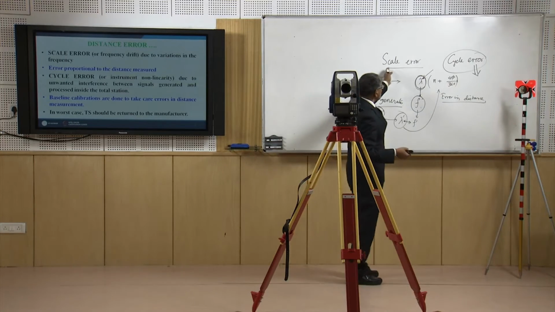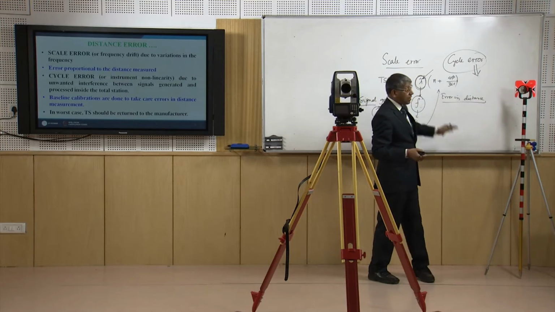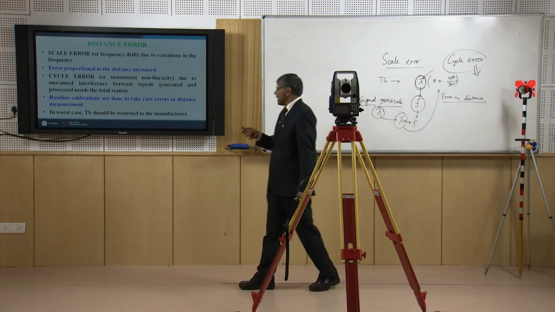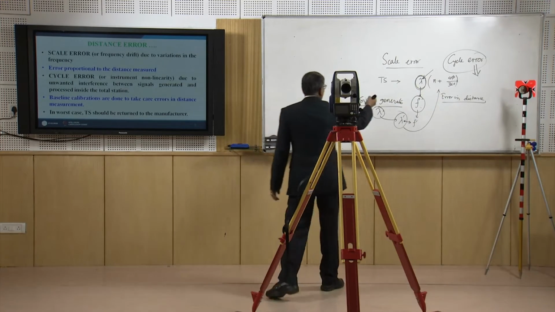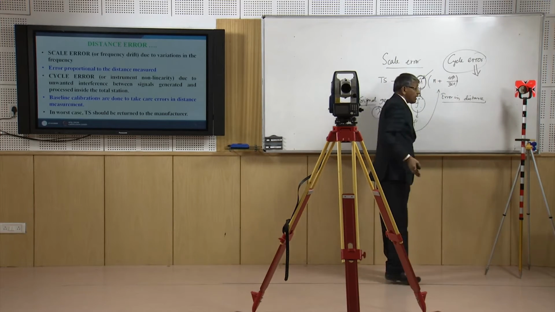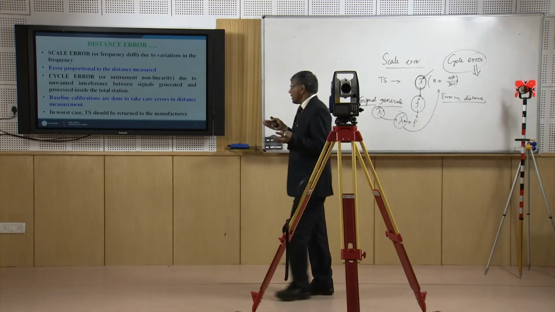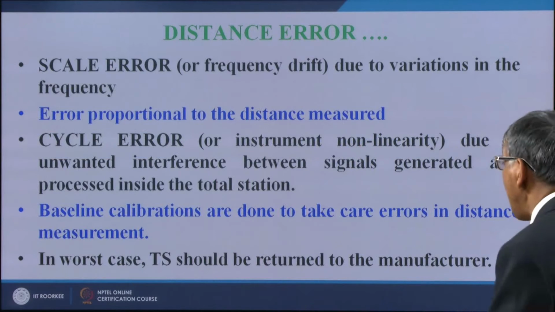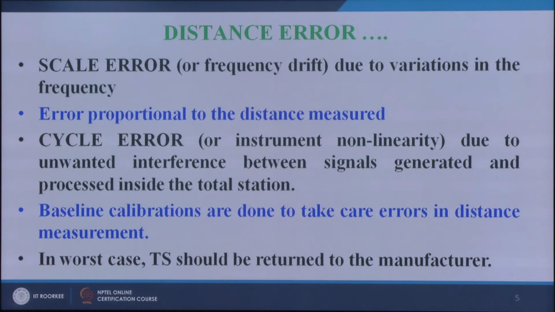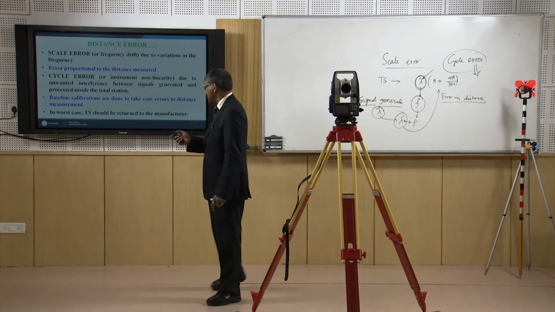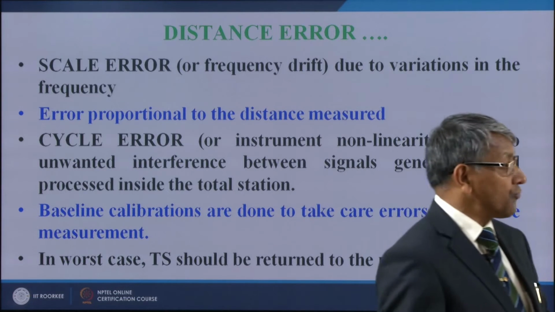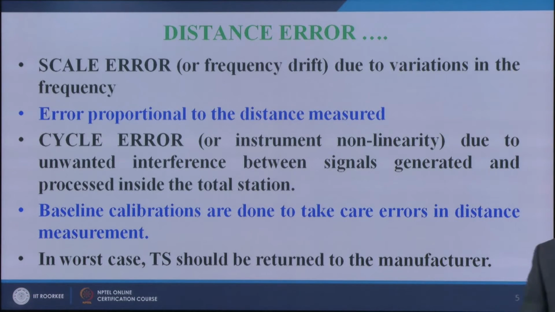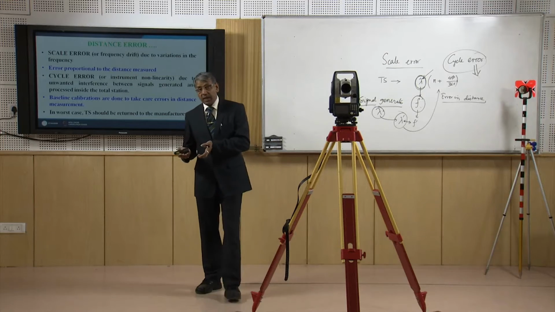These two errors are associated with the frequency or the wavelength, and this is a very important thing to be taken care of, and it can be measured or identified by making use of the calibration called baseline calibration, and the manual will have a standard procedure for this baseline calibration. So we should make use of that baseline calibration, find out the amount of error, and make the necessary correction.